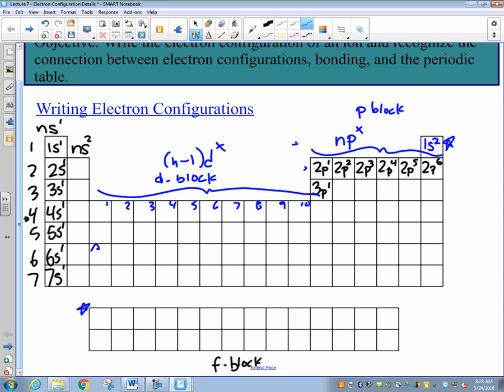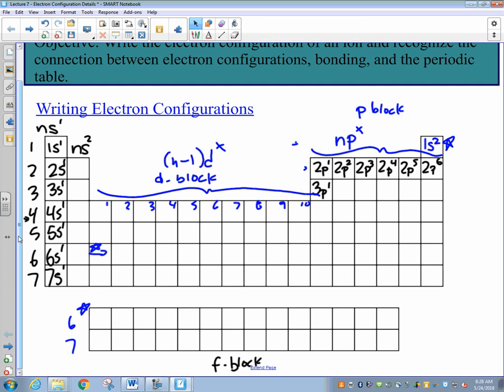So the F block really is part of periods 6 and 7, the lanthanides being part of period 6, the actinides being part of period 7. We've only pulled them out to save space, so that our periodic table isn't incredibly wide.